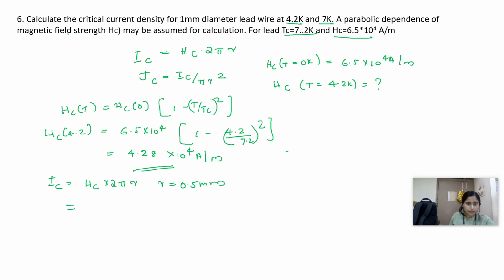So substitute all those values here: 4.28 times 10 to the power 4 times 2 times 3.14 times 0.5 times 10 to the power minus 3. You will get the I value as 134.39 ampere. This corresponds to the temperature 4.2.